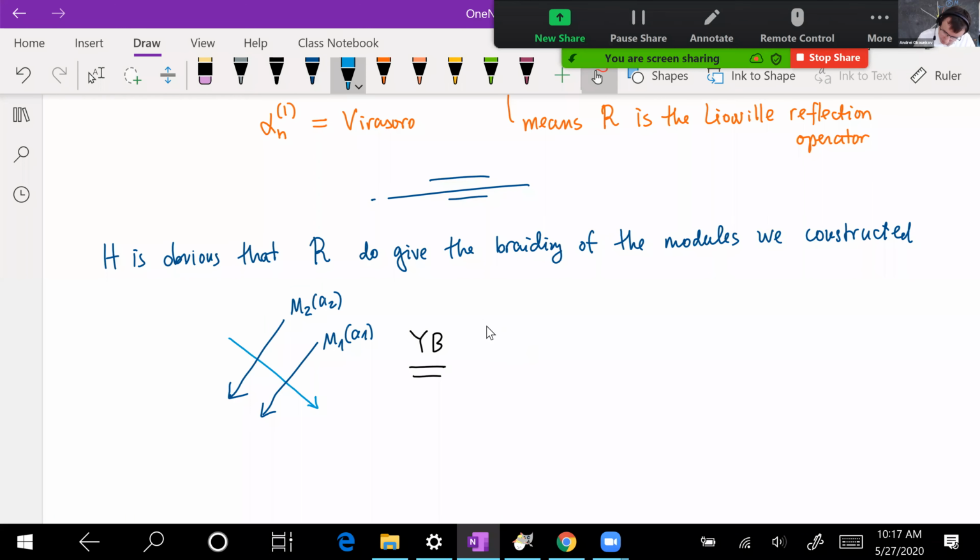I can achieve this by putting them in the original form and squeezing them. Our R matrices are unitary, so I don't have to worry about overcrossing or undercrossing. It's just a crossing, and so I can put them in this form.